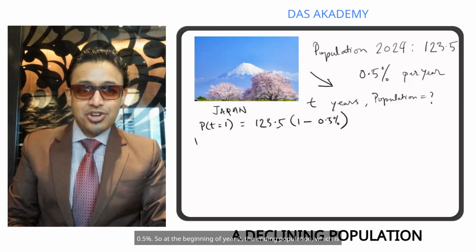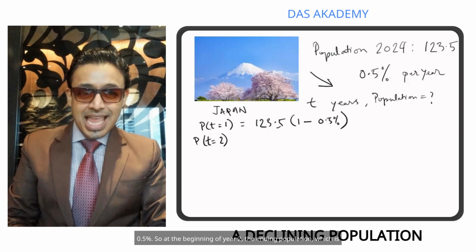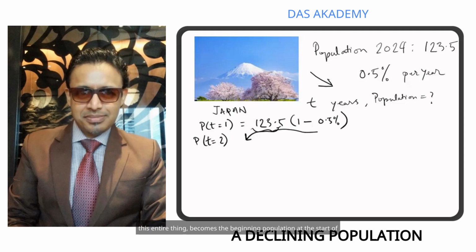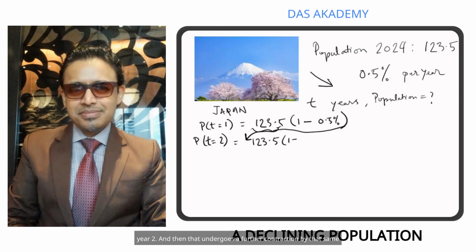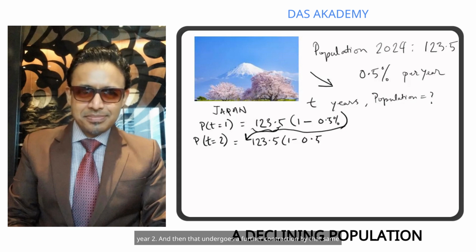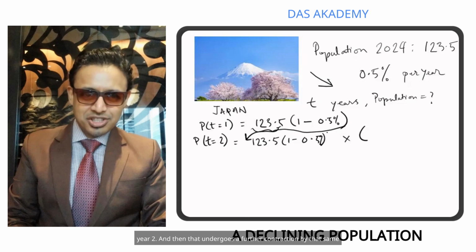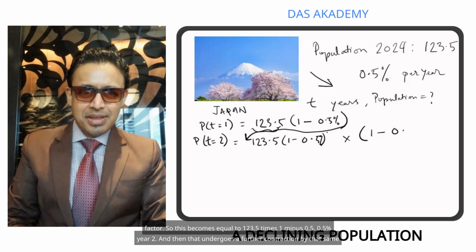So at the beginning of year 2, the ending population, which is this entire thing, becomes the beginning population at the start of year 2. And then that undergoes a further contraction by that same factor.